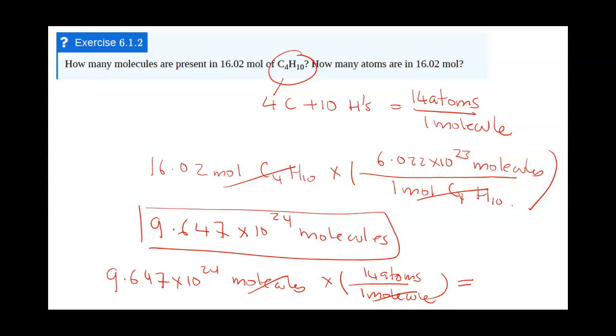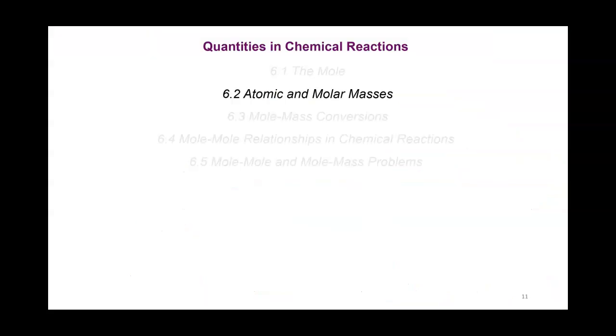And so then that ends up being 1.351 by 10 to the 26 atoms. So in 6.02 moles of this guy, you get a lot of molecules, and you also get a lot of atoms. Okay, so that concludes section 6.1 about the mole.